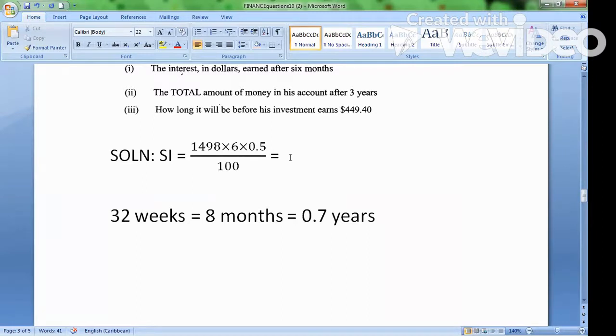What is your question? How many weeks I give you? They give you 4 weeks. Oh, you're saying that. What if it's 4 weeks? 4 weeks will be 1 month, and 1 month will be 1 divided by 12 years. 1/12 of a year, right? So it's 1 divided by 12, which is 0.08. Right.